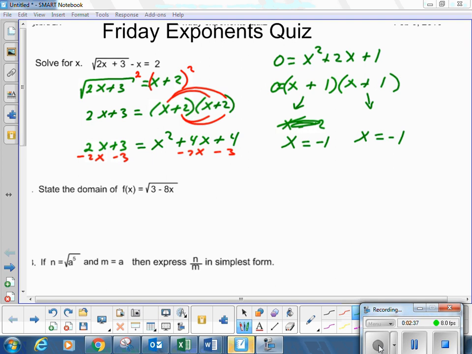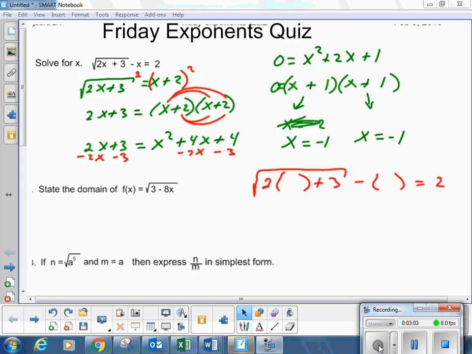The one thing to remember about these types of questions is that when your problem starts off with a radical in it, then that equation is susceptible to having extraneous solutions. What I mean is that you have to go back and check this answer and see if it actually works in the original problem. Now, the original problem said the square root of 2x plus 3, minus x, equals 2.